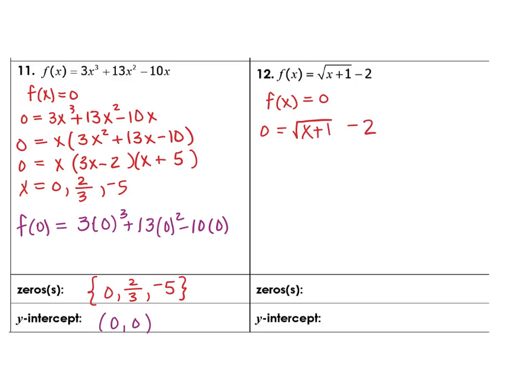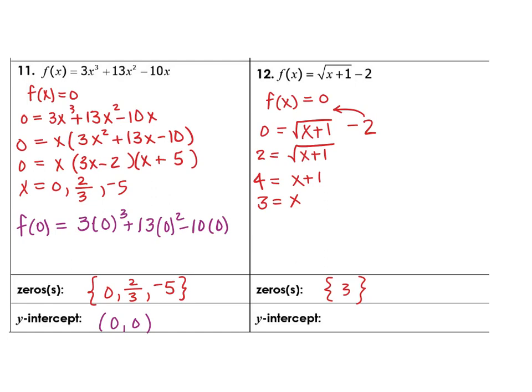We do need to isolate the radicals, so I'm going to add that 2 over. We have 2 equals the square root of x plus 1. Here we would square both sides, so we have 4 equals x plus 1. So it looks like we're going to get x to be 3. So here our 0 is going to be 3.